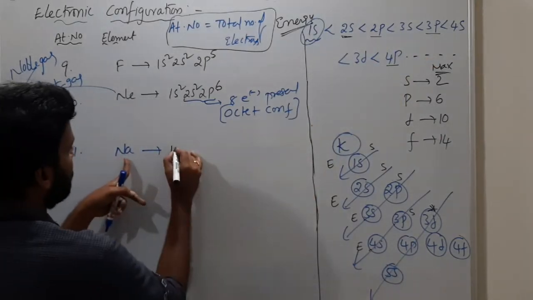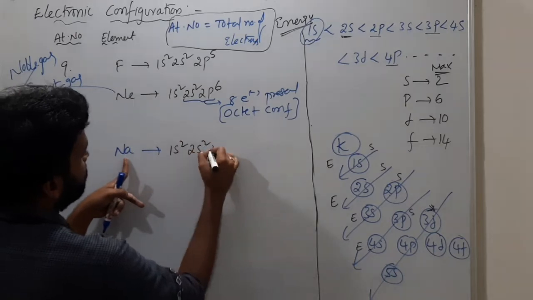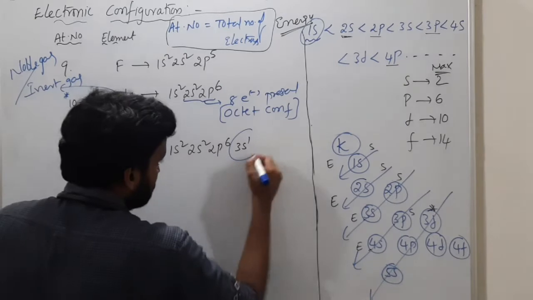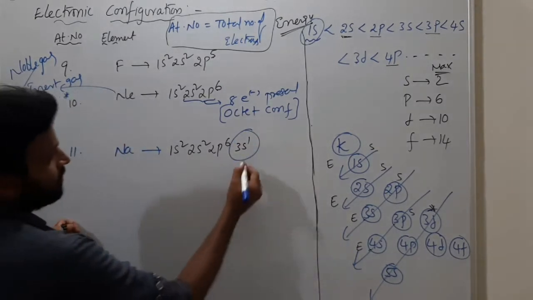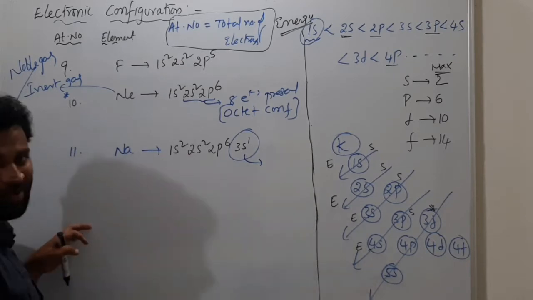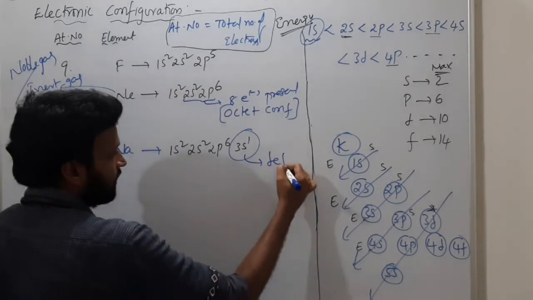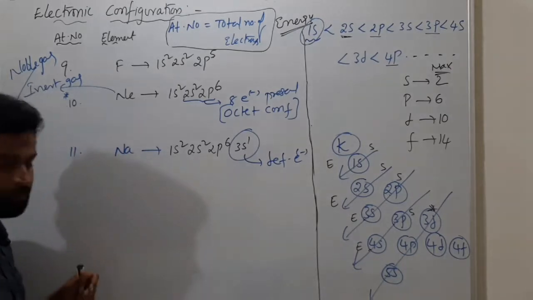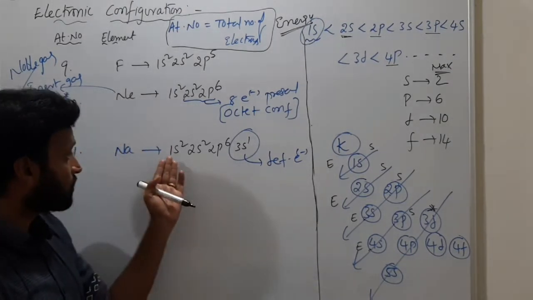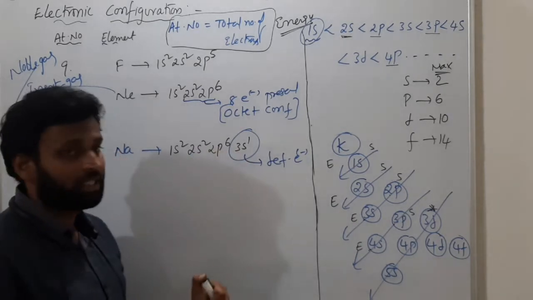So what is the configuration? 1s2, 2s2, 2p6 and 3s1. Now this is called the differentiating electron, the 11th electron. The last electron is called the differentiating electron. I am not only writing the electronic configuration, I am also saying what the shell is and what the differentiating electron is.